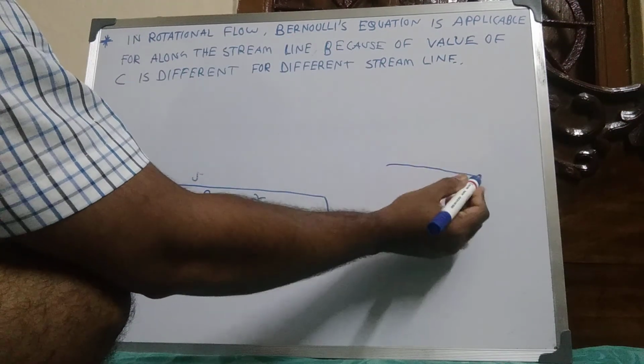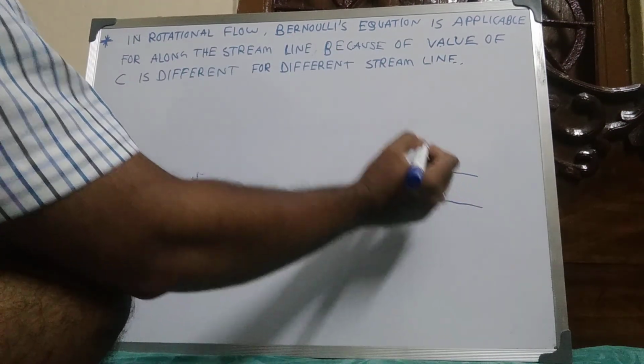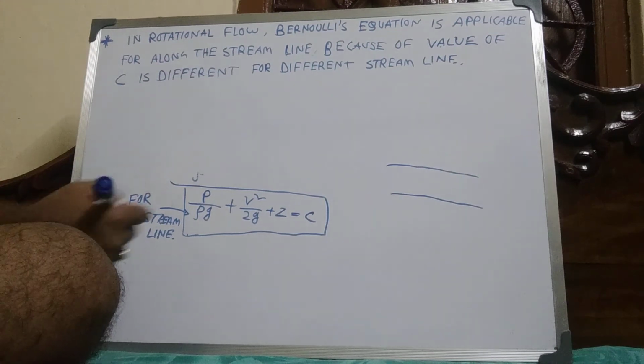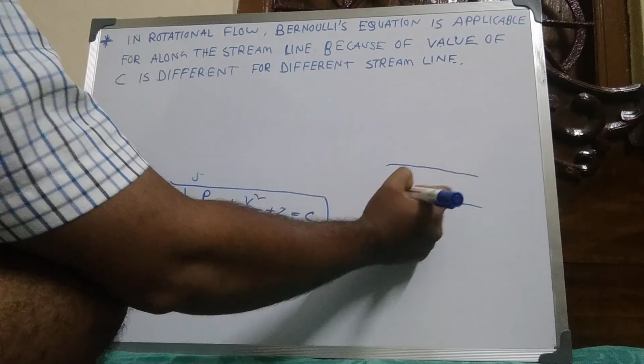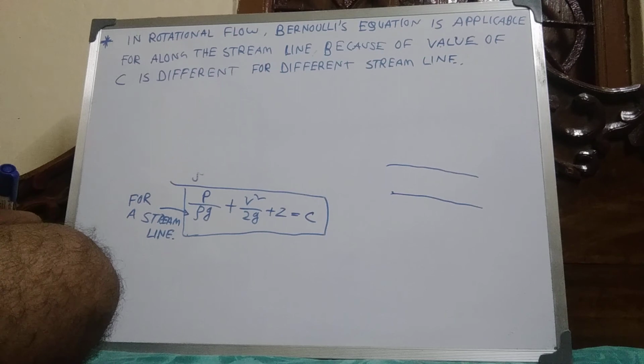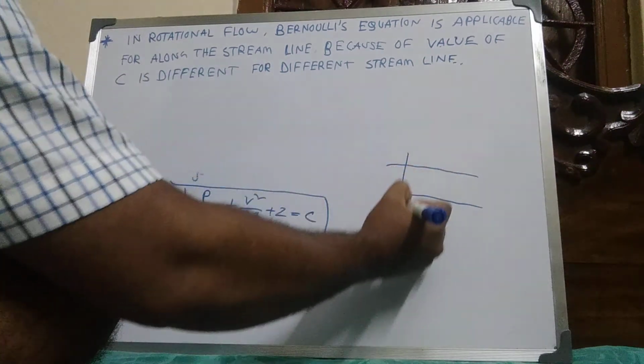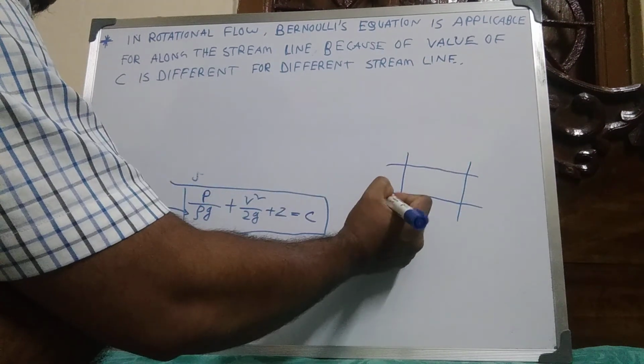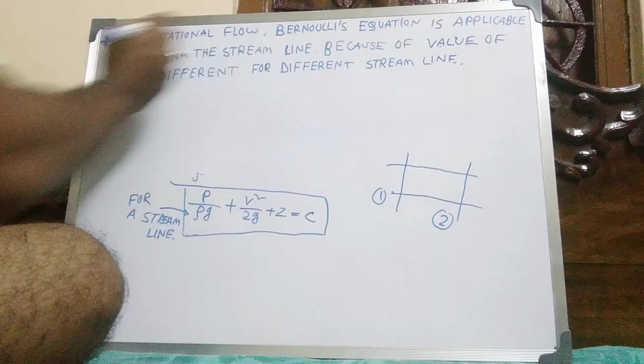Suppose this is a pipe, this is another streamline, this is another streamline, and take a section. This is 1, this is 2.